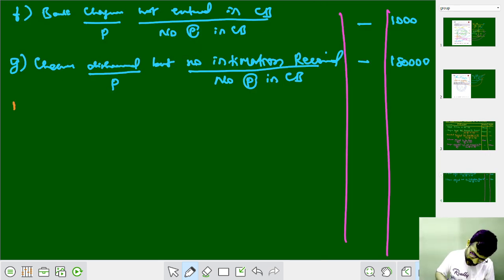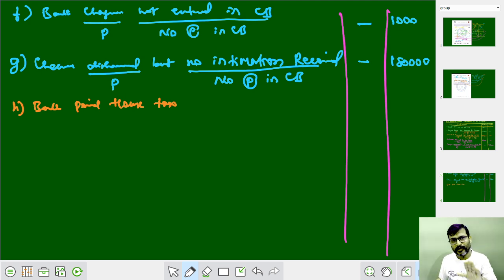So the last point, bank paid house tax. You should not think that the banker will pay the house tax or house rent out of his pocket. He will make the payment only out of our bank account, as we have given the standing instruction. Remember, the house tax is being paid from the account of the business, not out of the pocket of the bank manager or a cashier, right?